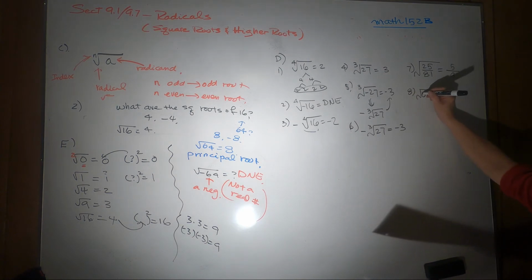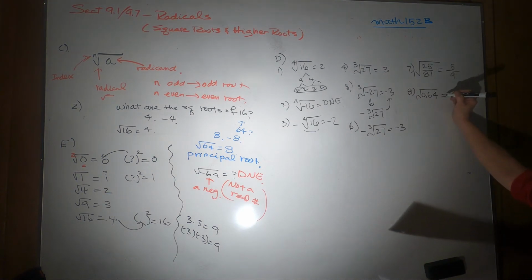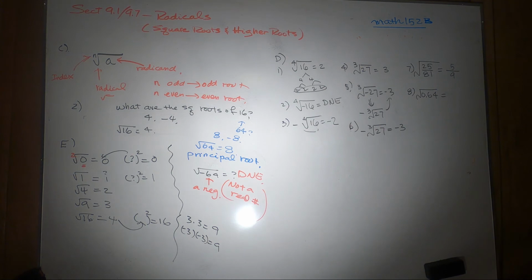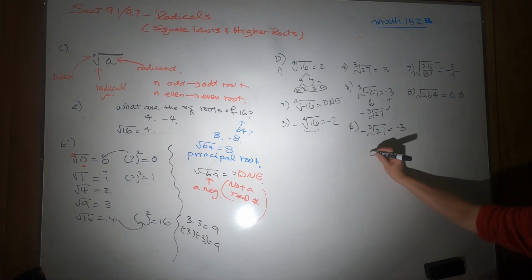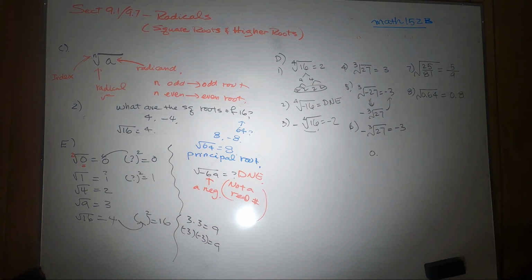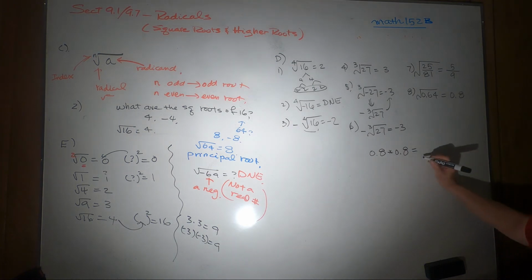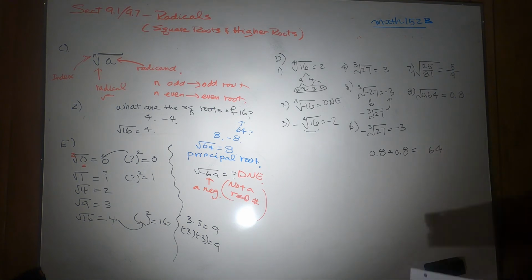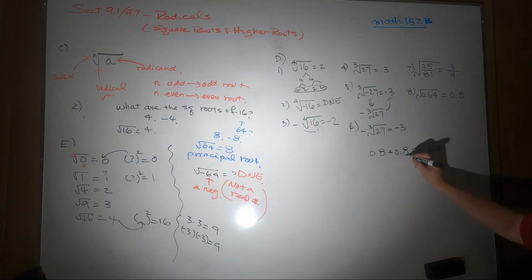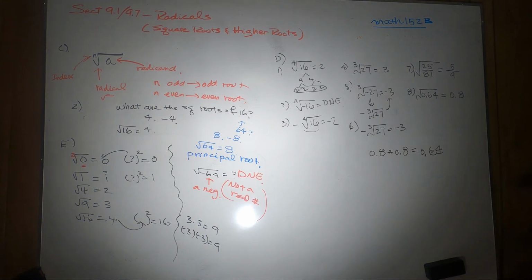Same thing, we can do it for decimals. So that would be 0.8. Still remember how you do your decimals? 0.8 times 0.8, so your 8 times 8, 64. How many decimal places do you need? 1 and 1, total will be 2. So that's how you do it, right?